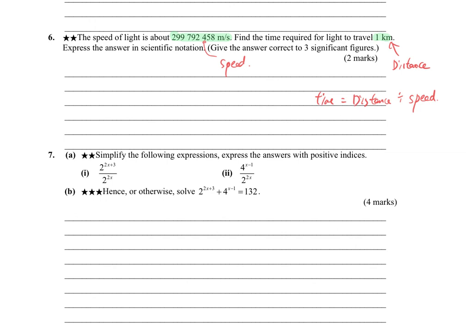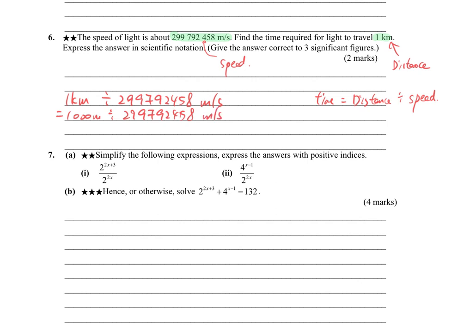So actually the expression should be 1 kilometer divided by 299792458 meters per second. And then we should change the unit from kilometer to meter.